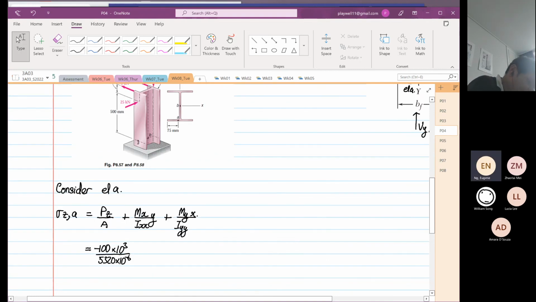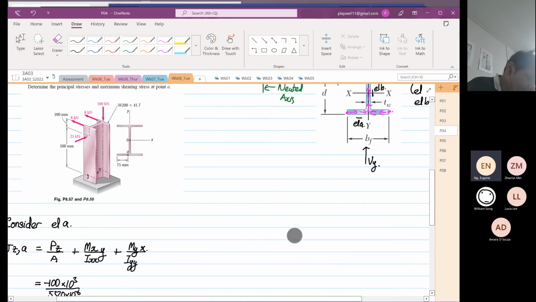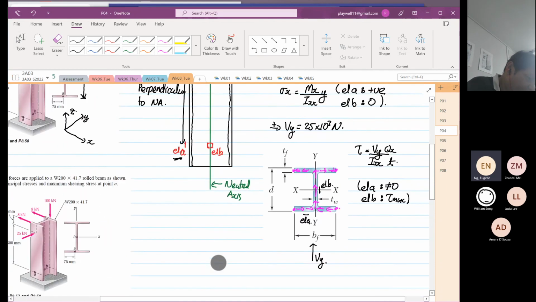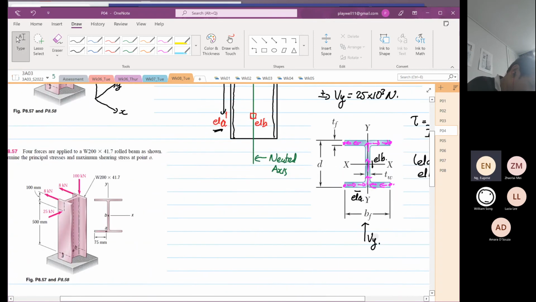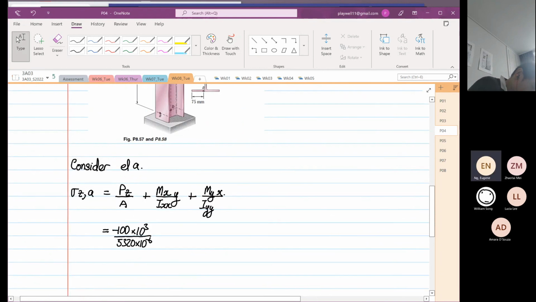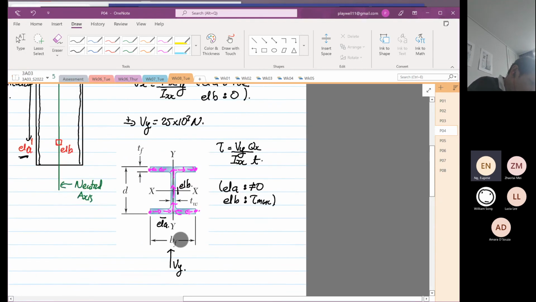Okay, next we are going to look at Mx. So let's see what we calculated for Mx. Did we calculate? Yeah. So our Mx is 22.75 times 10 to the power 3. Then you look at the direction.